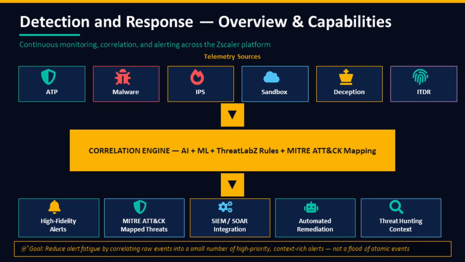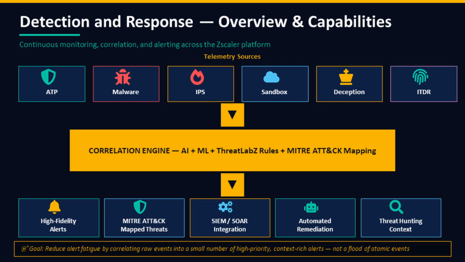The telemetry sources feed into a central correlation engine. That engine uses AI, ML, and ThreatLabz-derived rules to group related events into cohesive threat narratives, campaigns. Each alert that comes out of the correlation engine is not a single event. It's a group collection of related events that collectively tell a story about an ongoing attack.